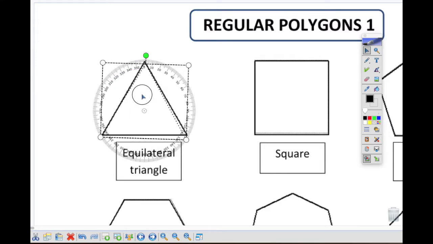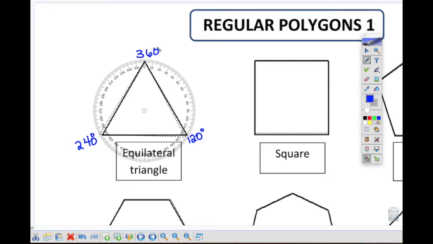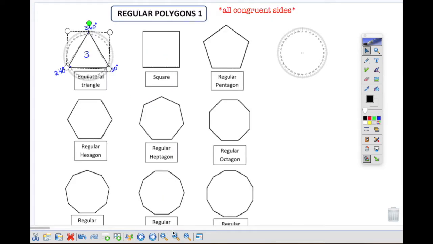So this triangle has rotational symmetry if you rotate it 120 degrees or 240 degrees. Obviously, if you do 360 degrees, it's going to go back on itself. Okay, so there are 3 different rotations in the first 360 degrees. Now, obviously, you could do more than 360 degrees, keep going around and around.